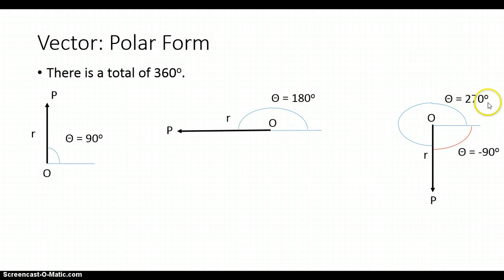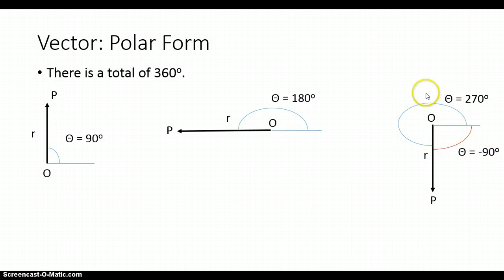Now, we can say it's 270 degrees, but we can also say that this is minus 90 degrees. And what that means is that we start from here and go back this direction. Okay, so if we go counterclockwise, we're going to be using plus degrees, and if we go clockwise in this case, then we'll say it's minus whatever degrees.